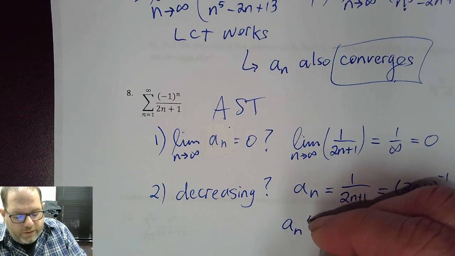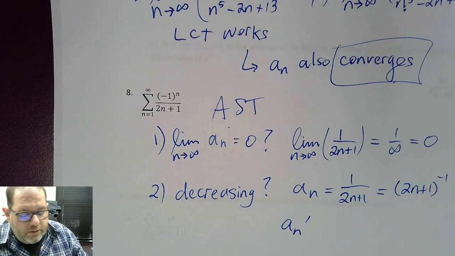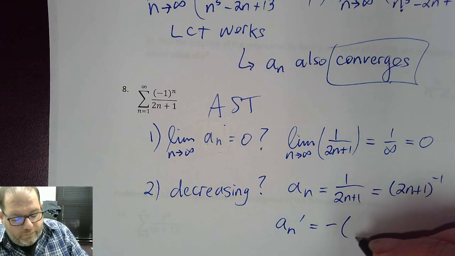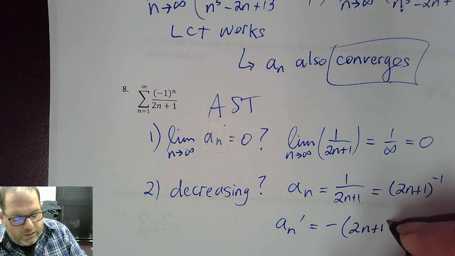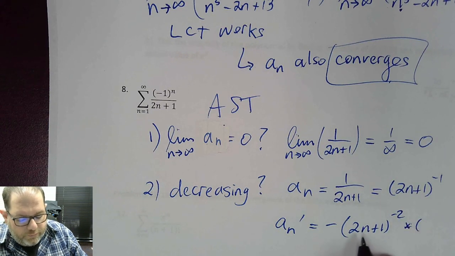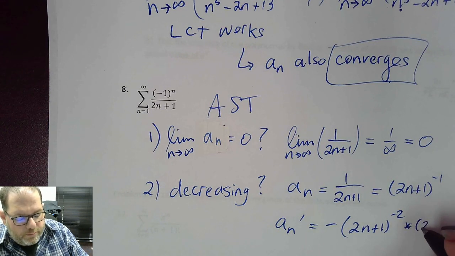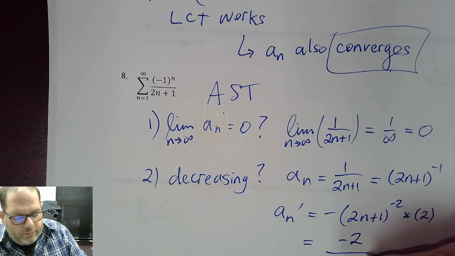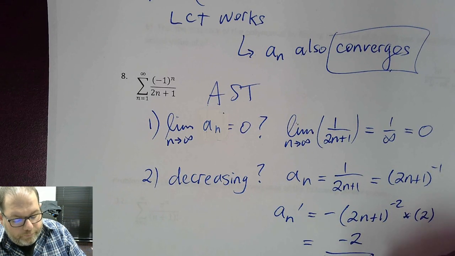And now we just want to find its derivative based on n. So its derivative is negative 2n plus 1 to the negative 2. And again, it's a chain rule, so we take the derivative inside, which is 2, and then multiply by that. So that gives us a negative 2 over 2n plus 1 in parentheses squared.